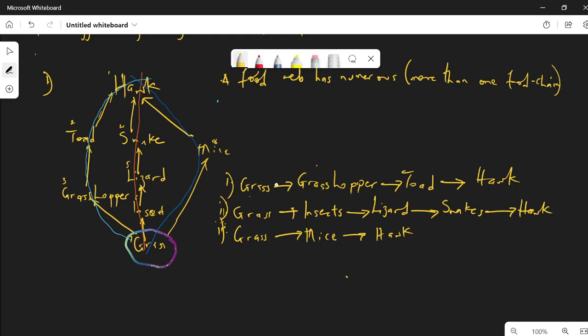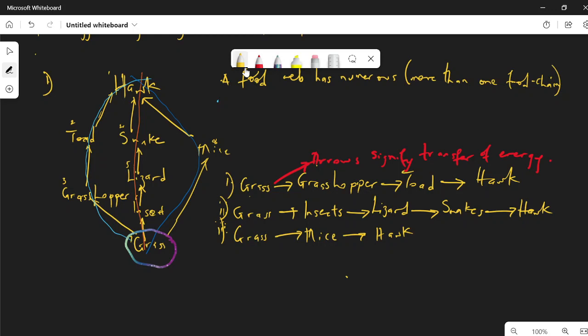So these arrows here signify the transfer of energy.